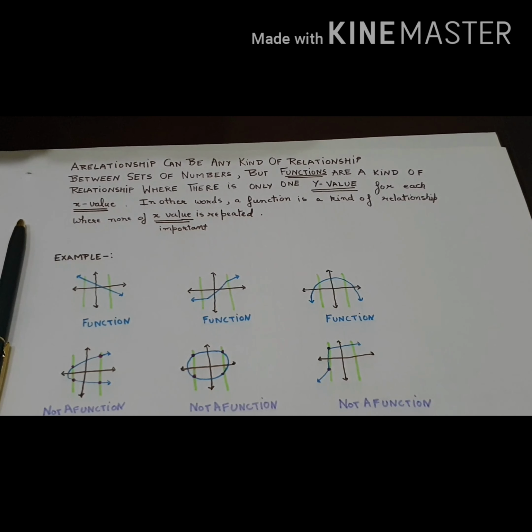I know that just with this explanation, with this definition, your concept is not clear. First, I am giving you some basic examples, and after that, I will be taking 2 examples with numbers. And I think after doing those 2 examples, your concept of relation, lines and functions will be clear.